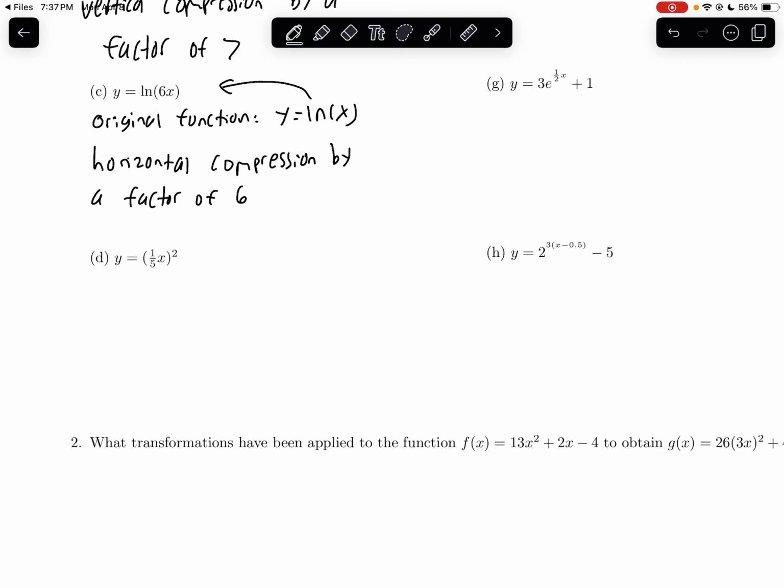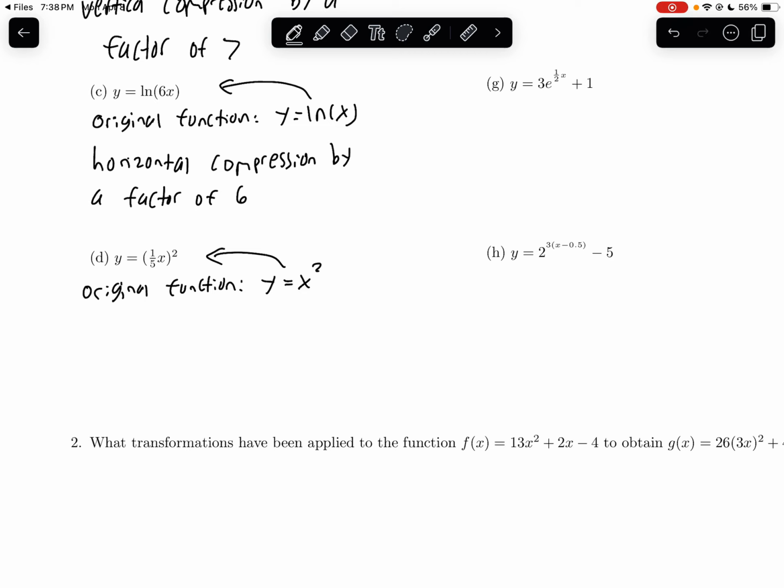And then that's one. The original function here would be y equals x squared. And how do you go from the original to the new one? Well, you're multiplying the inputs by 1/5.